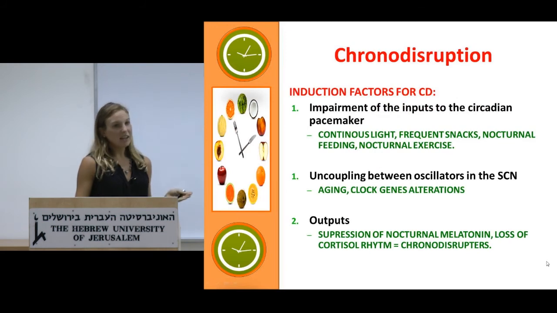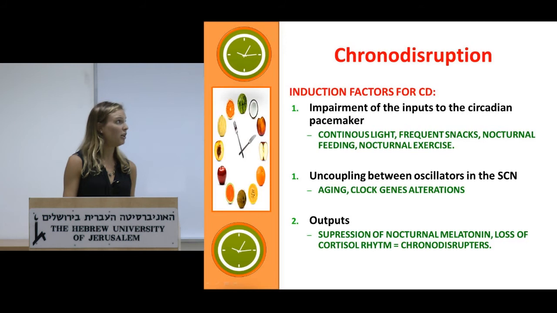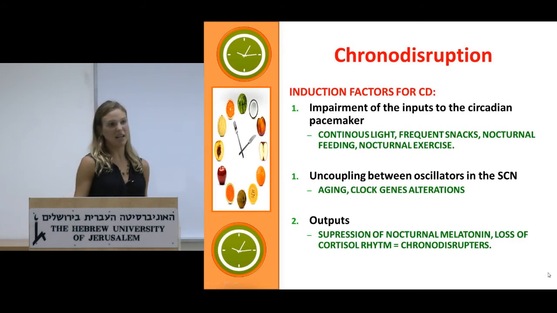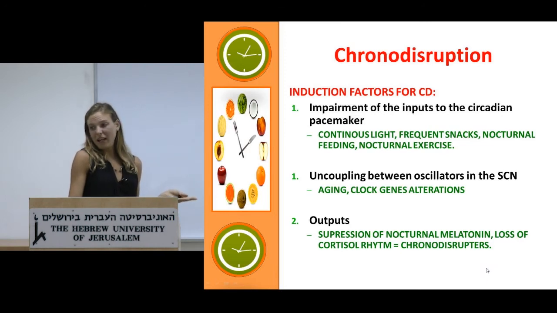So which are the induction factors, in general, for the chronodisruption? First of all, the impairment of the inputs of the circadian pacemaker, such as continuous light, frequent snacks, nocturnal feeding, or nocturnal exercise. Definitely, the night is not the right timing to do exercise. Then it can be an uncoupling between oscillators in the suprachiasmatic nuclei.